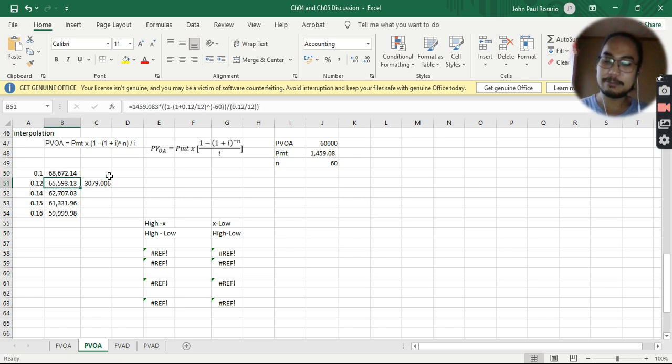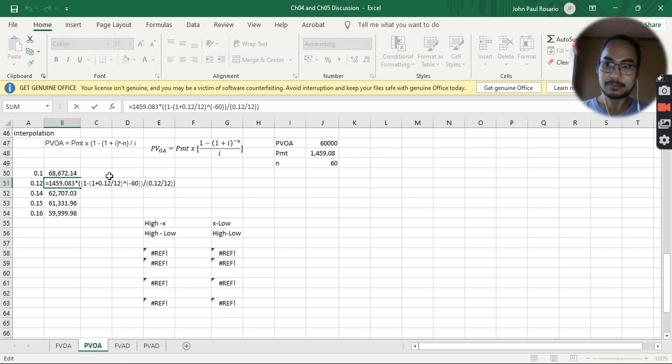So for 12%, sir, why did you skip interest rates? Of course you can. In this case, we are still far from 68 to 60, so we can just simply skip interest rates in our trial and error so we have less effort.